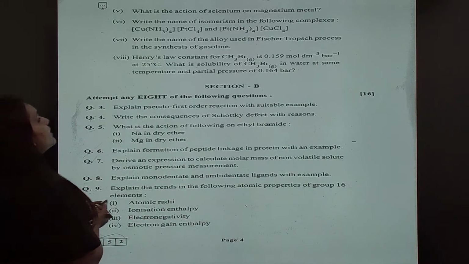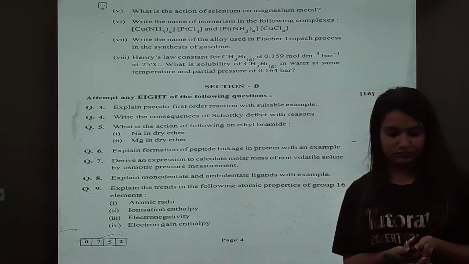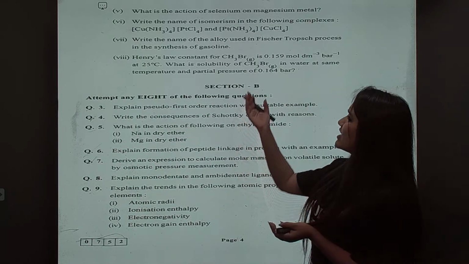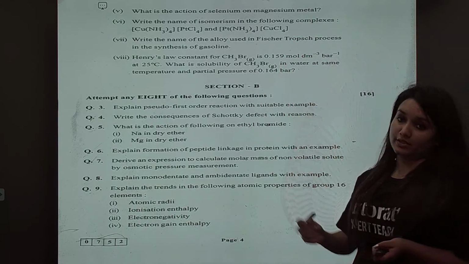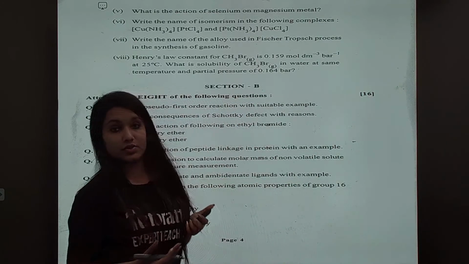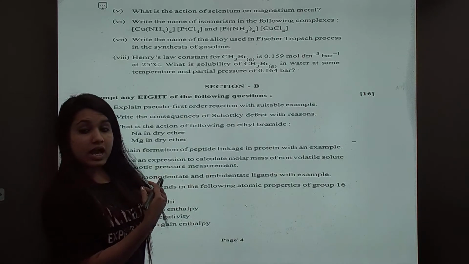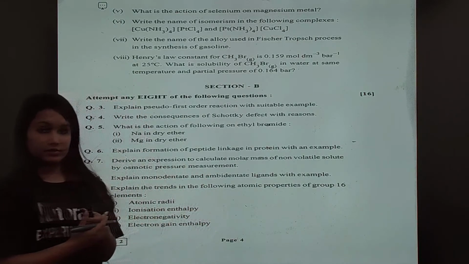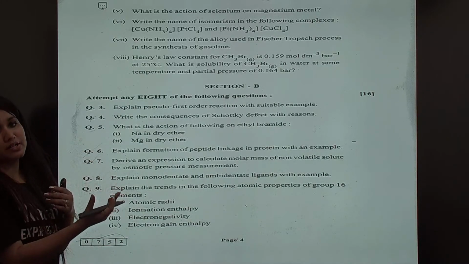Moving on to the 6th question now. Chapter coordination compounds. It clearly says write the name of isomerism in the following complex. If you see in this particular kind of coordination complex where the positive charge, that means your cationic part as well as your anionic part, they are both in the form of a coordination compound, right?